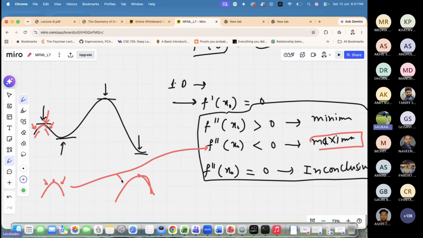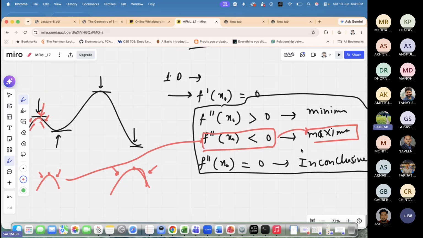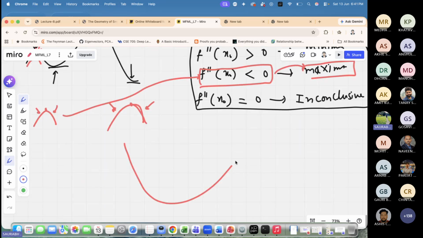If the slope value is negative, then you say that it's a maximum point. Now, counterintuitively, if you are here, let's say already reached, this is where the slope is 0. If the slope is changing positively, the function is attaining a more positive value, or let's say at this point, the slope is 0, right?